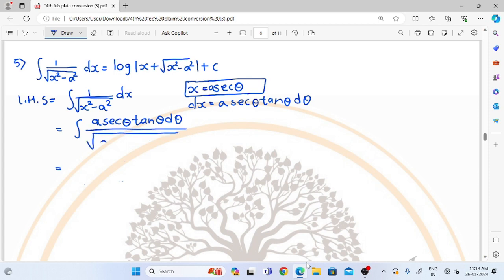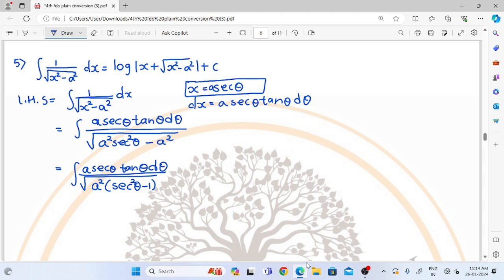So x square is a square sec square theta, because we have taken x as a sec theta, minus a square. Okay. So integration of a sec theta tan theta d theta as it is divided by, inside the square root we can take a square common, so inside the bracket a sec square theta minus 1 will remain.